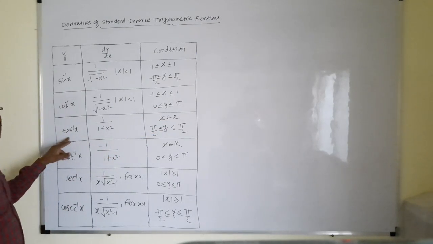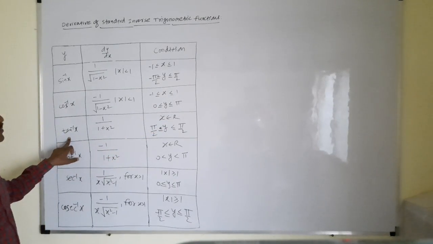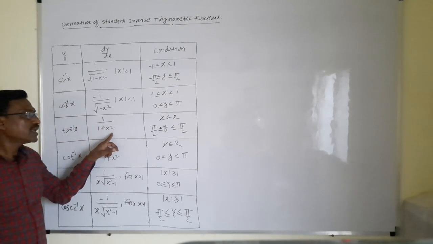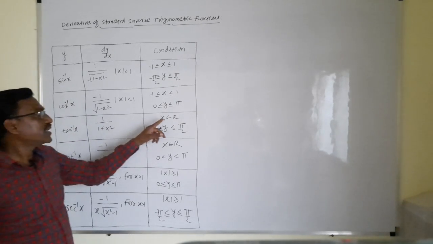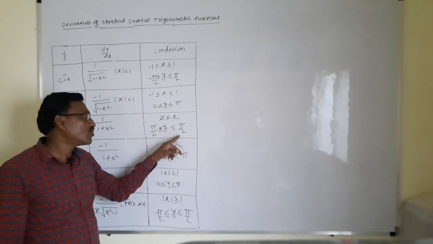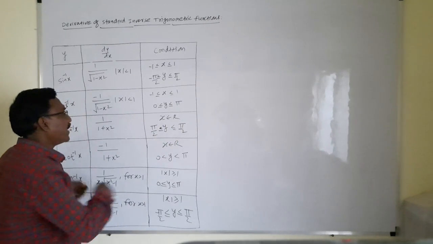Now the third function, tan inverse x: its derivative is 1 upon 1 plus x square, x belongs to R, and y is between minus pi by 2 and pi by 2.